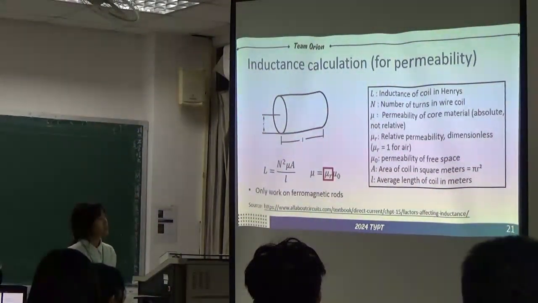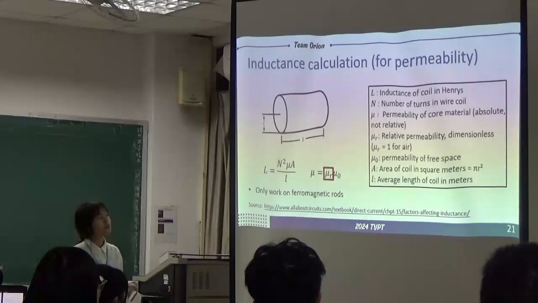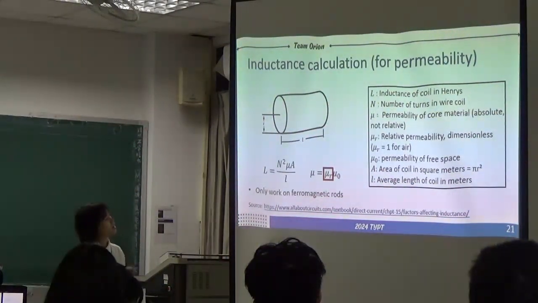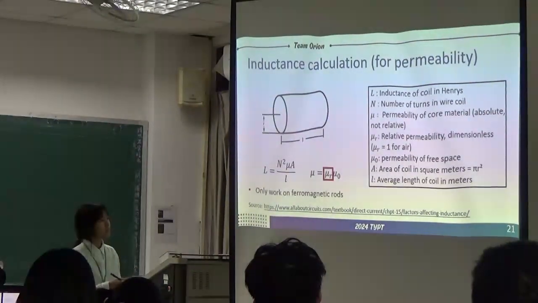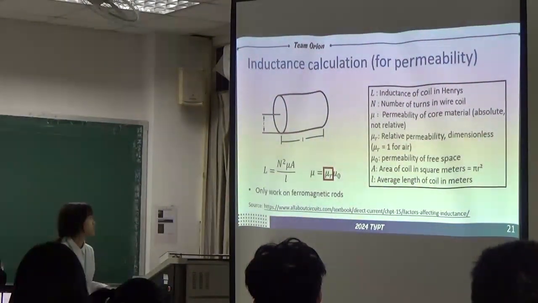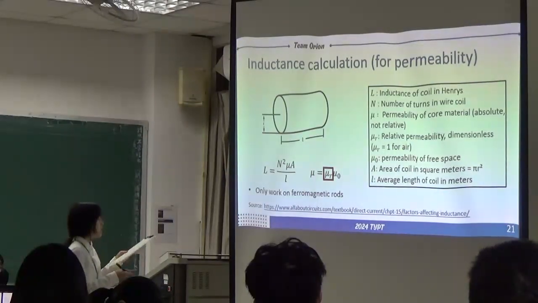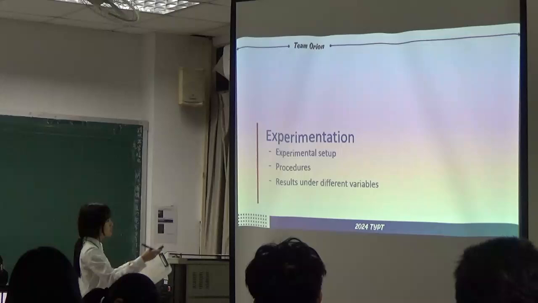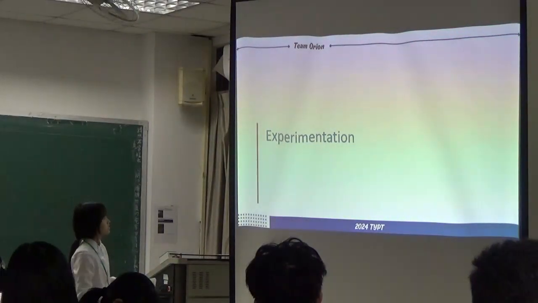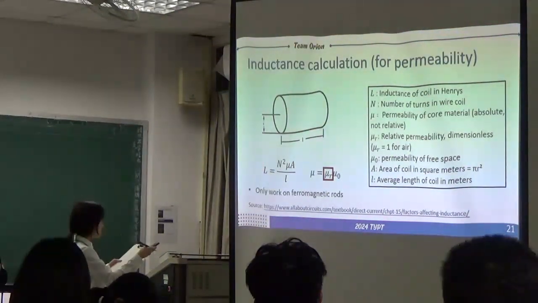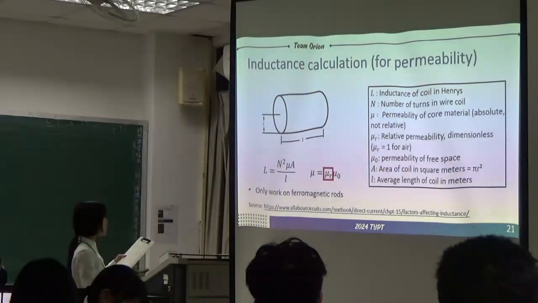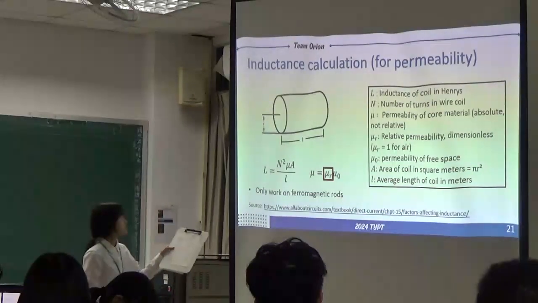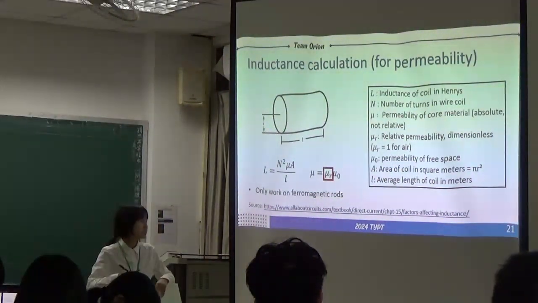A is the area of the coil in square meters, equal to pi r squared, and l is the average length of the coil in meters. So we know that this L will influence mu R. However, in this situation, I only work on ferromagnetic rods.